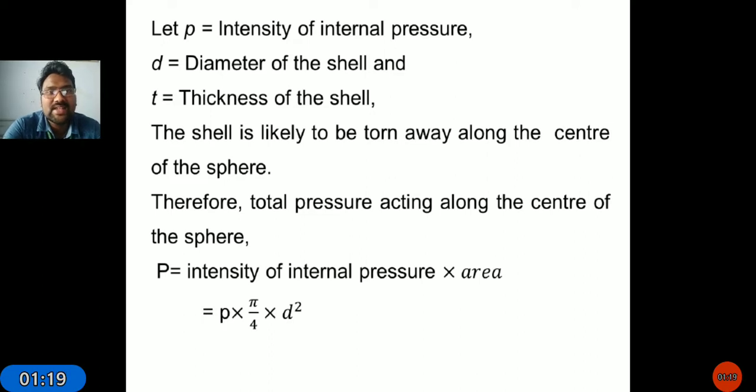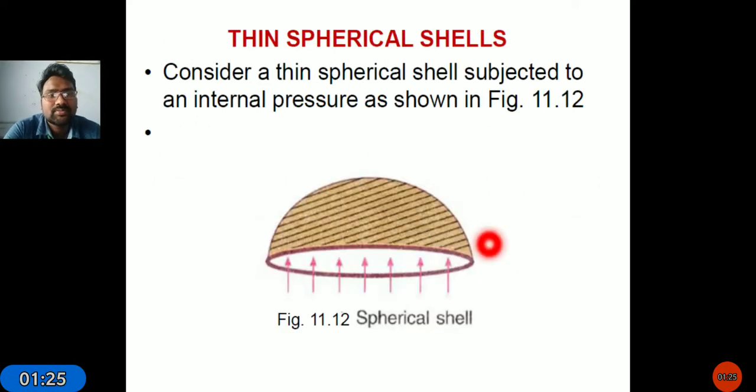The shell is likely to be torn away along the center of the sphere. Observe here, the sphere may split at the center, because here it is the maximum diameter of the spherical shell. At this region, the spherical shell may split into two parts.